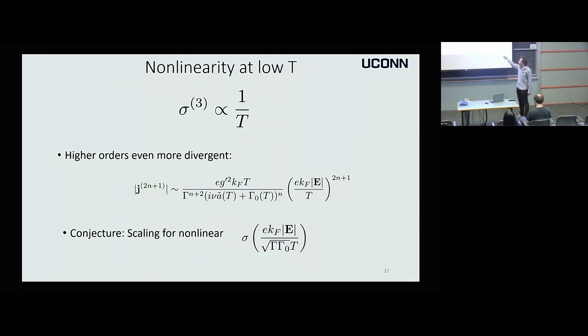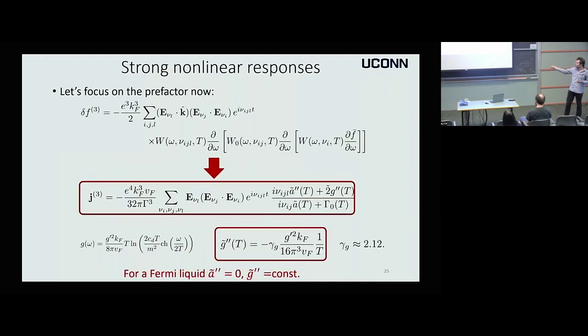But the only thing that means is that potentially, if you resum this whole thing, you can see that there is some ratio that enters in each order, so that you will get a scaling behavior for the nonlinear contribution to conductivity that will be essentially scaling as a function of electric field over temperature and those scattering rates. So that's the conjecture. We didn't solve the full nonlinear equation, but that's more likely the way out of this diverging expression blowing up.